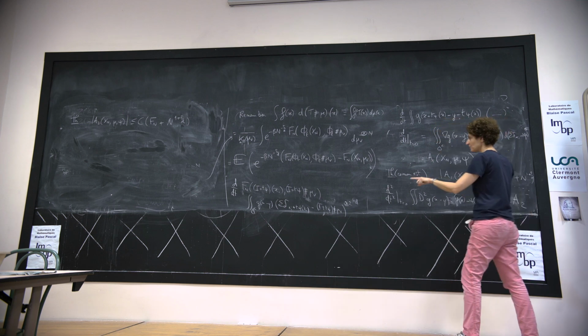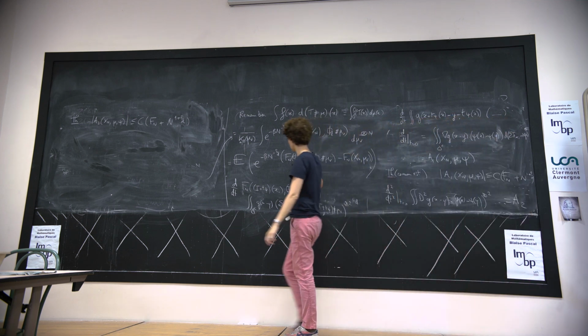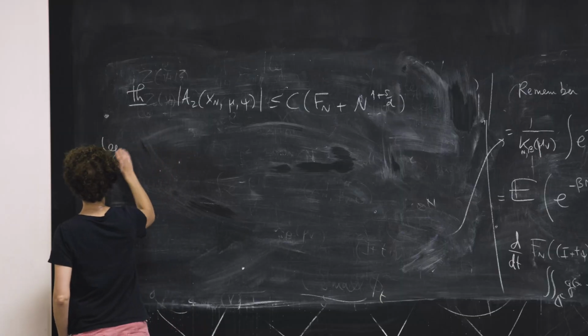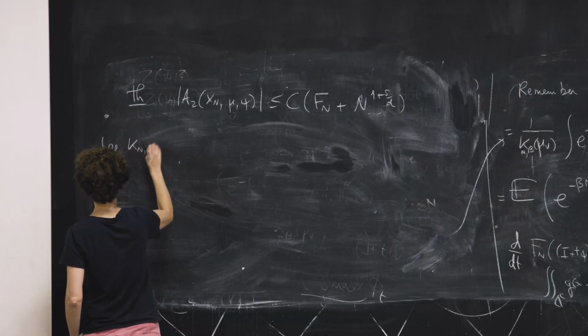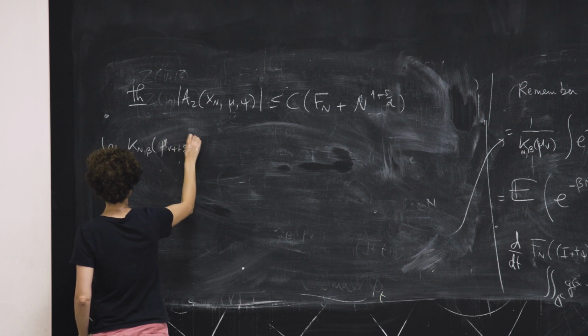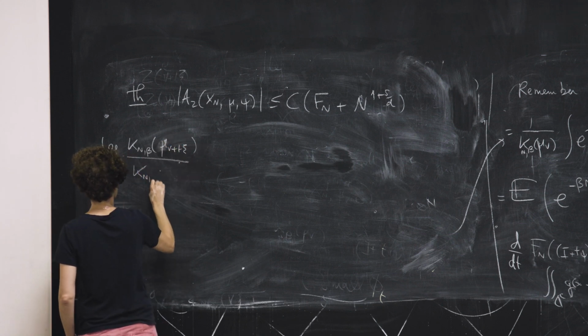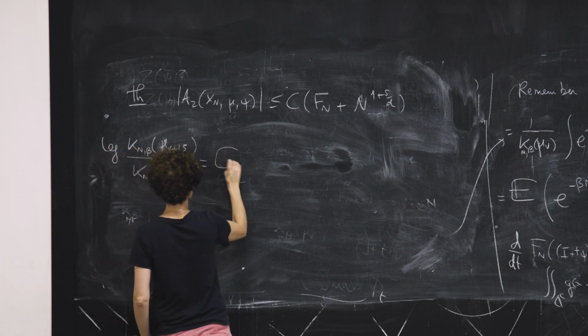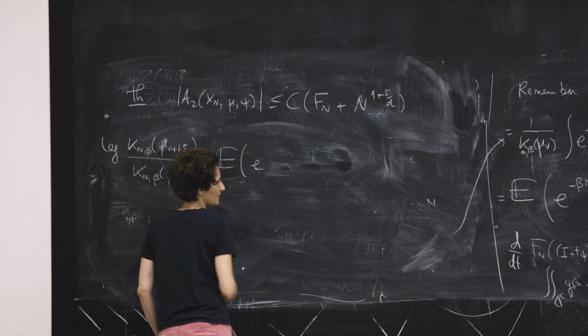Okay, so if I put all of this together, we were here. And now I'm claiming that the thing I'm trying to estimate, the log of K and beta mu v plus t psi, I can estimate as the expectation.